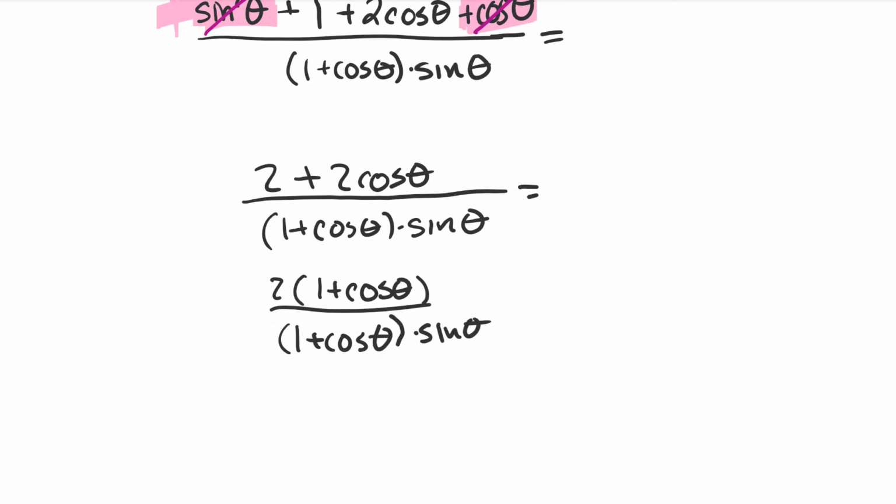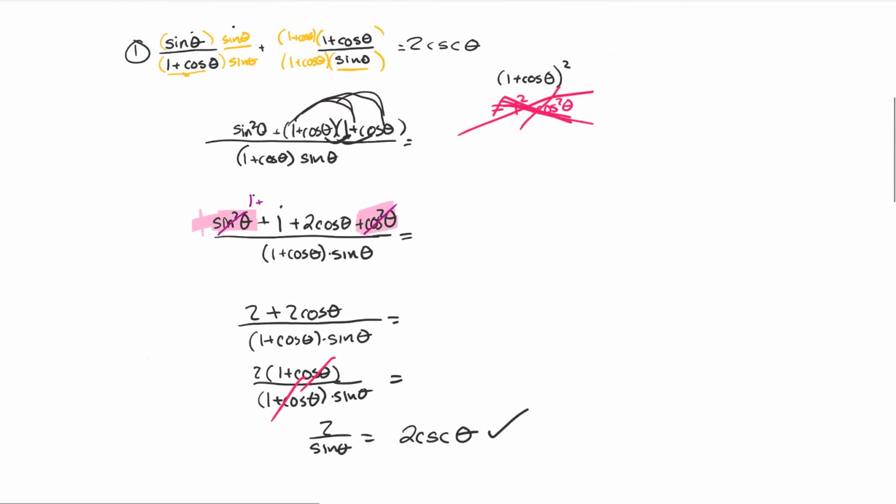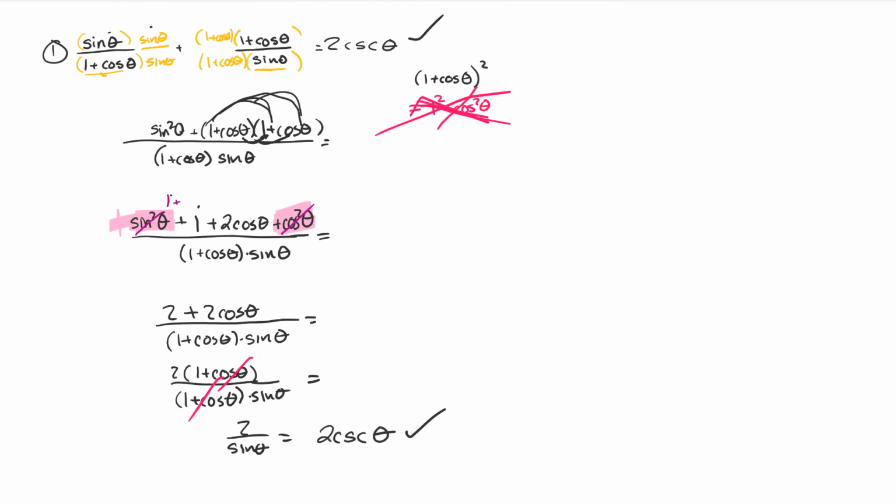And this is the best part of math, I think. Going, yeah, go away. Makes it easier. Now we're left with 2 over sine of theta. And what's 2 over sine of theta? 2 cosecant of theta. Look at that. Bang. That's what we wanted.